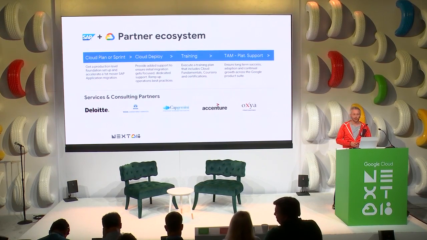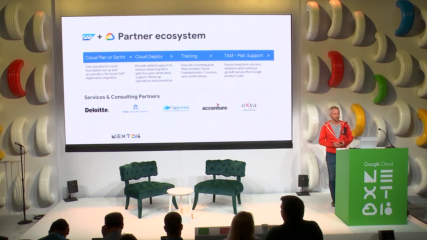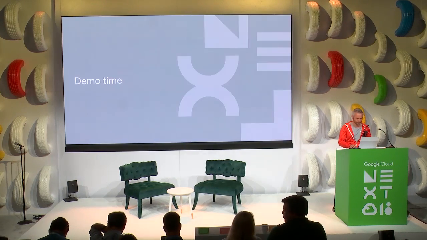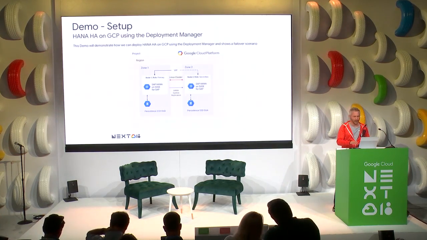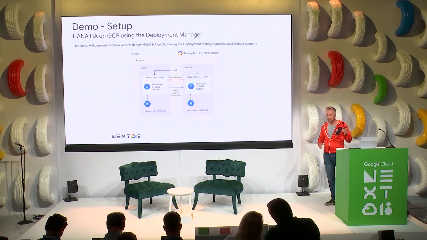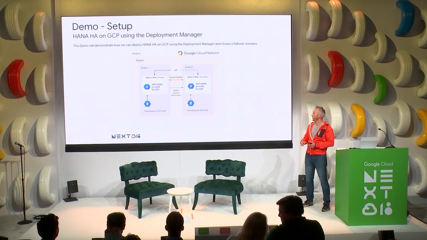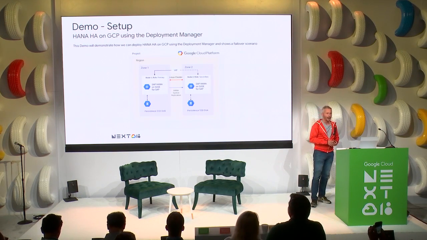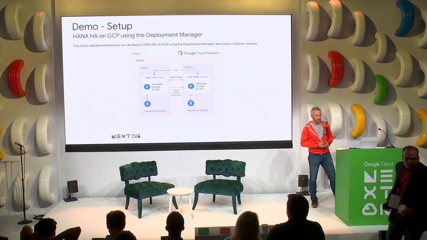Now that I have shown you the migration part of the picture, I will move on into the demo part of the session. So I have prepared the following demo. Babu mentioned it before. We have the possibility of deploying a high availability setup on GCP.